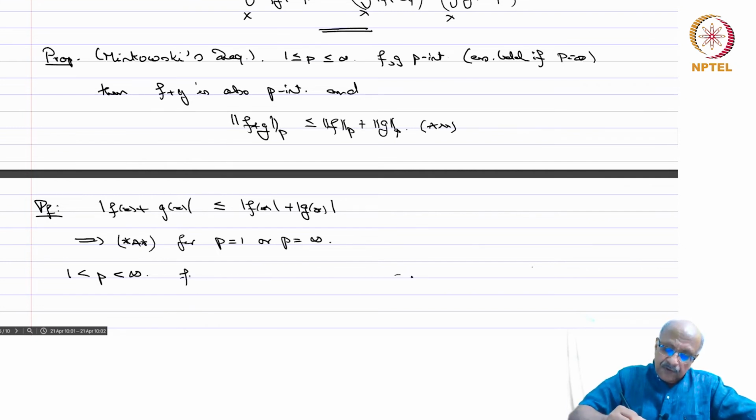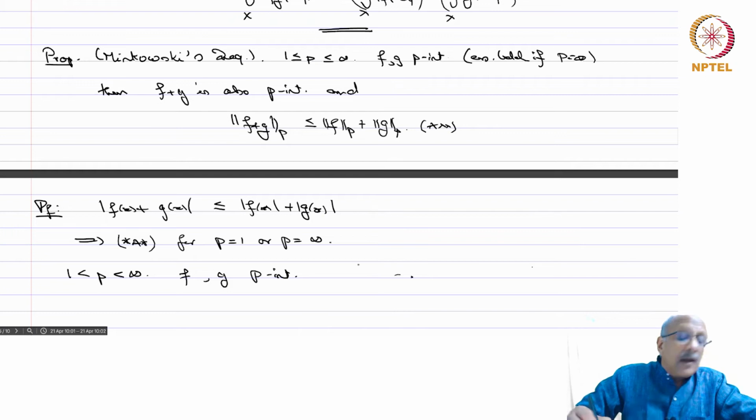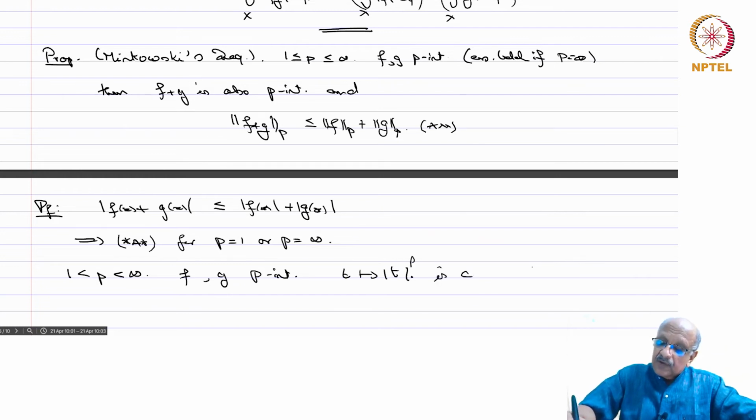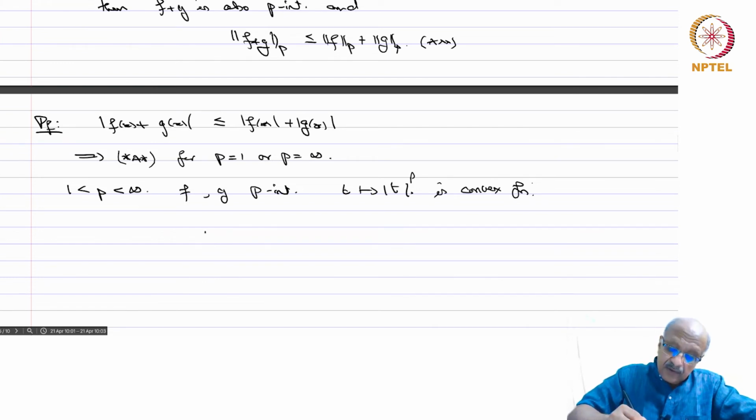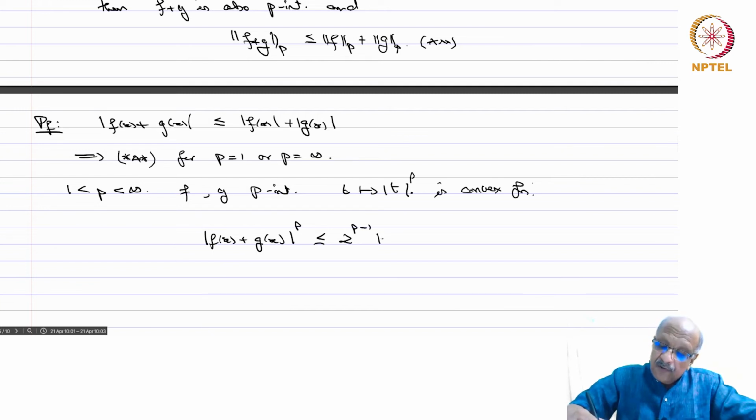So now f, g are p-integrable, and t going to t^p is a convex function. So by definition of a convex function, you get that (|f(x)| + |g(x)|)^p / 2^p is less than or equal to 2^{p-1} times (|f(x)|^p + |g(x)|^p).